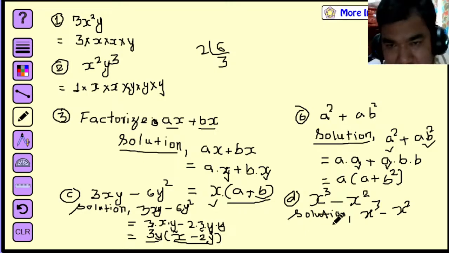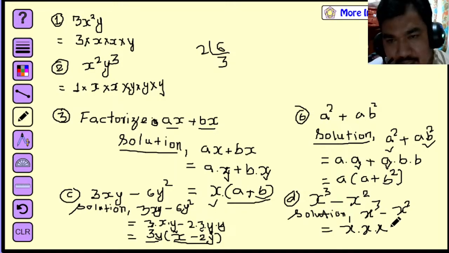As we know, x cube means what? x cube means we have to write x multiply, this dot is multiply, x into x. And x square means x multiplied by x. Then we have to find out that x square is common.